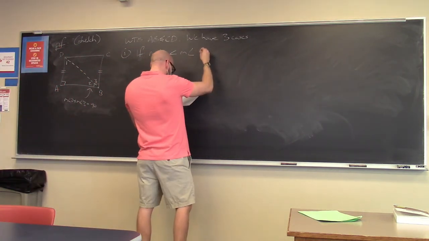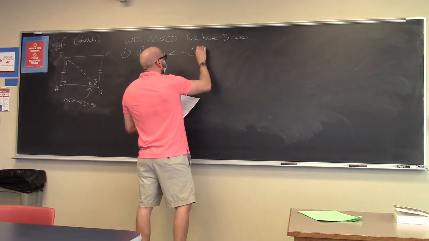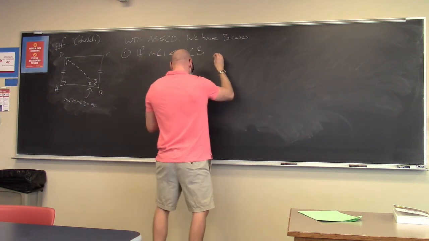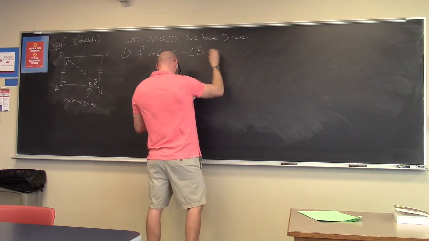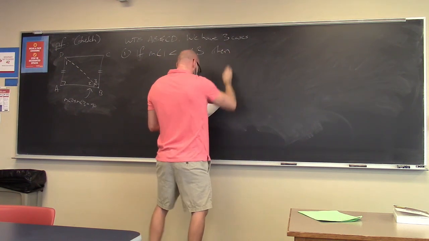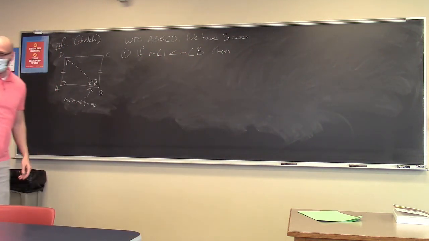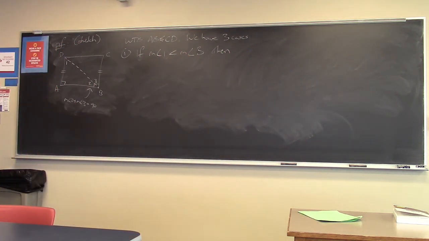Okay, if the measure of angle 1 is less than the measure of angle 3, then what happens?